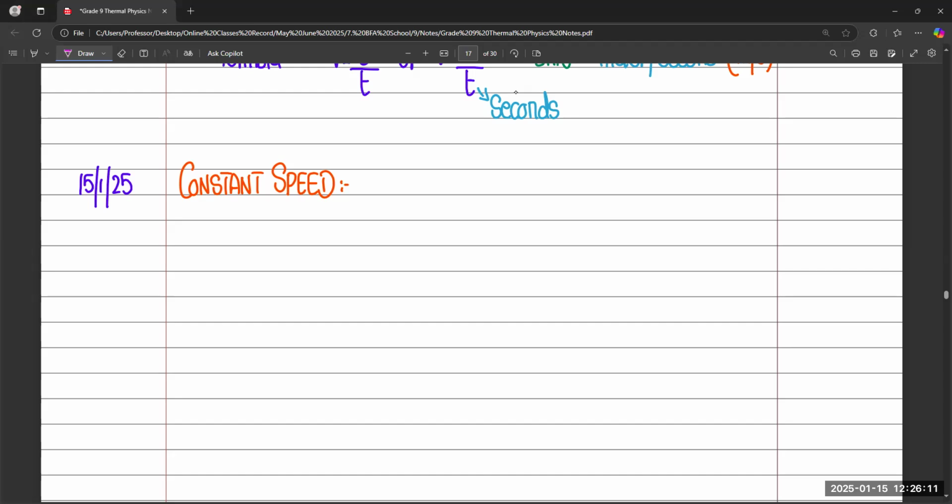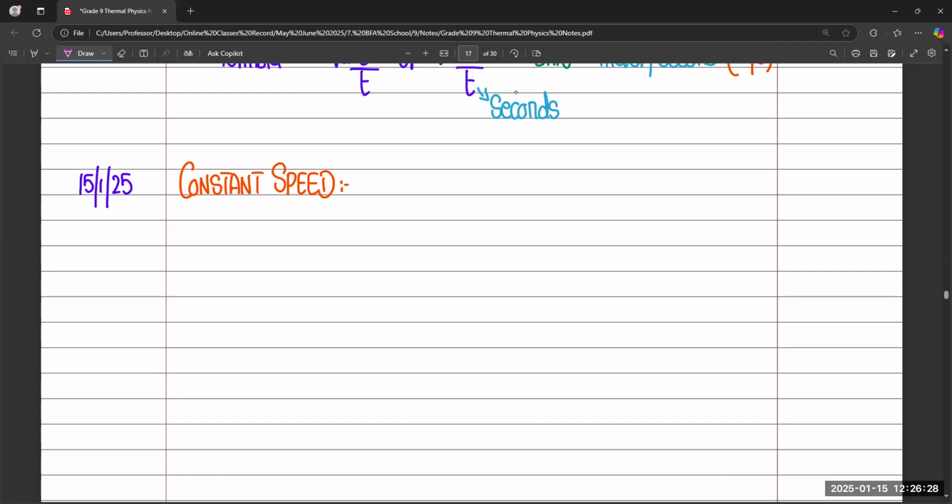For example, in the first minute we cover 10 meters, then in the next minute we also cover 10 meters. So there is an equal interval of time, like 1 minute, 1 minute, 1 minute, and we cover equal distance, like 10 meters, 10 meters, 10 meters.